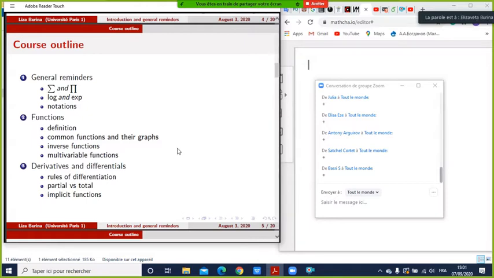Then the topic that is the most important for you all this semester is derivatives and differentials. The more you practice, the better. Then during the exam, you will be able to take a derivative of anything and everything, and you will not waste your time on how to do that in math.